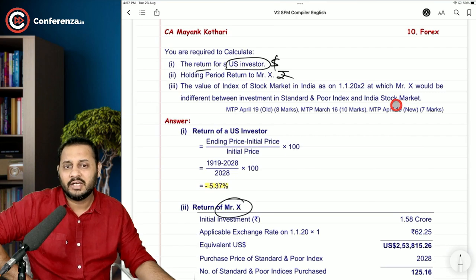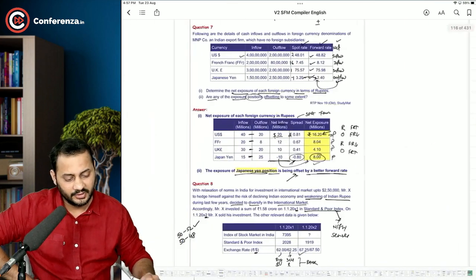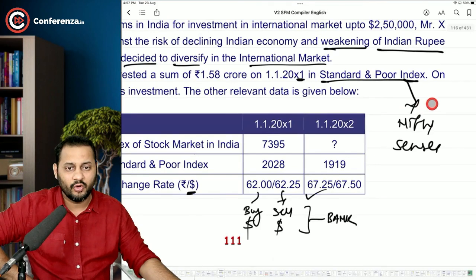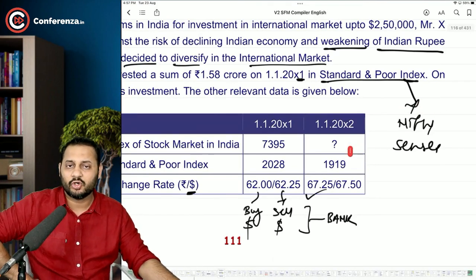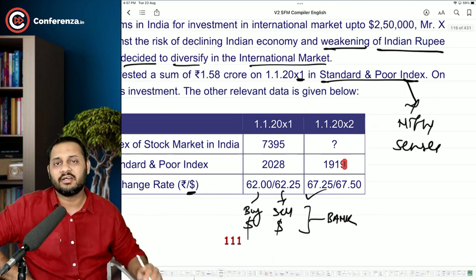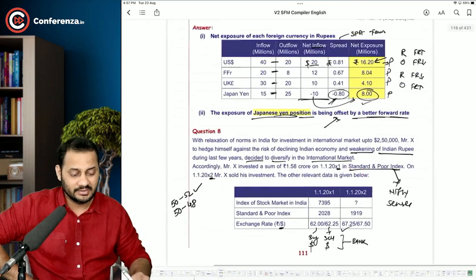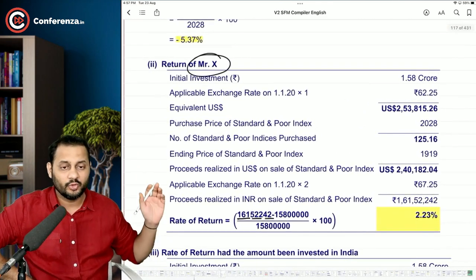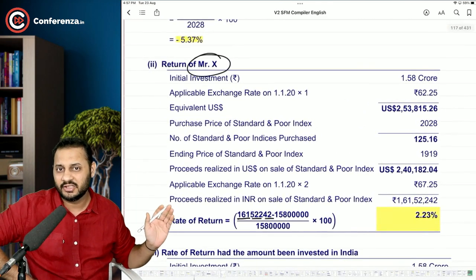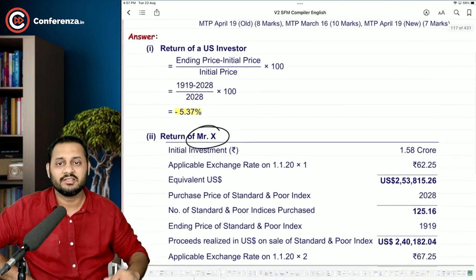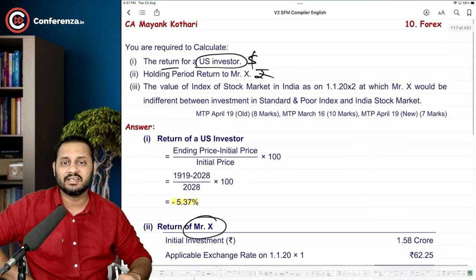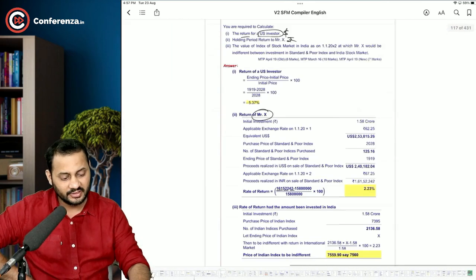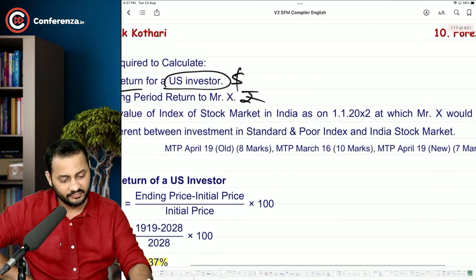It means that what value of index in the stock market will give Mr. X the same return that he has earned by investing in Standard and Poor index. It's very simple, sir. He has earned around 2.23% by investing in the Standard and Poor index. Don't consider this investment. Question is clearly saying about Mr. X, not an US investor.